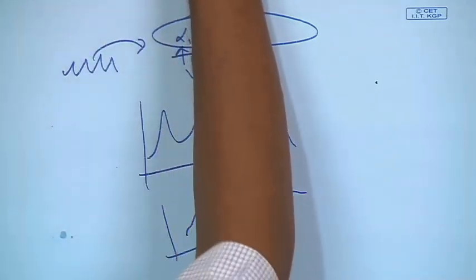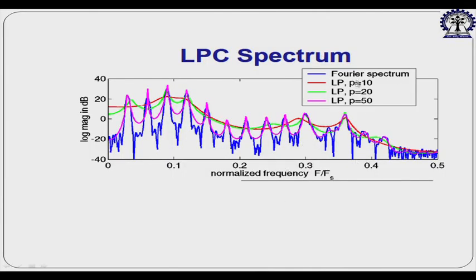If we see in this picture, if my LPC order is increased, it more or less copies the actual spectrum. The blue color is the actual spectrum, and the red color is where the LPC order is 10. There are a lot of formants there, and it roughly estimates the spectral envelope.